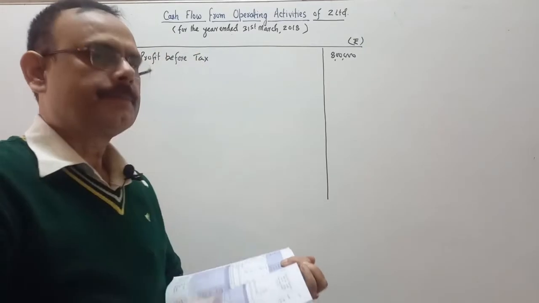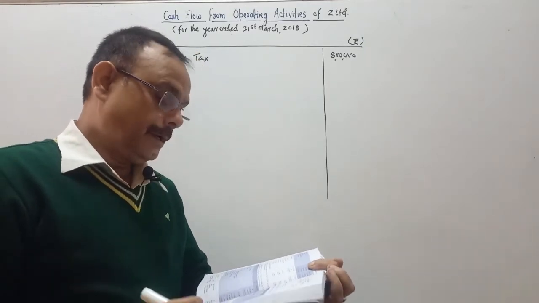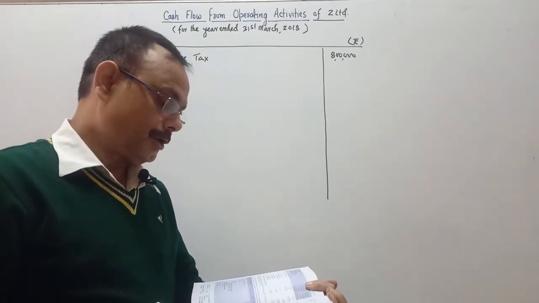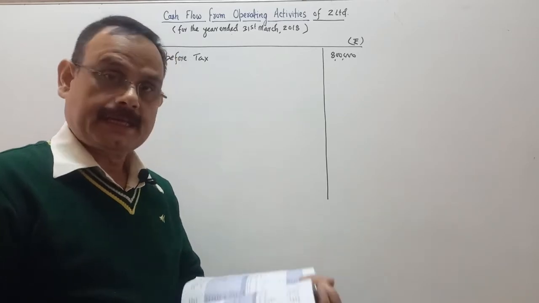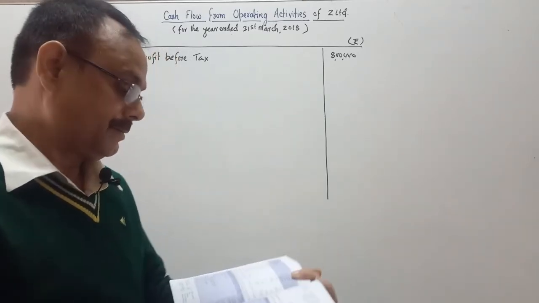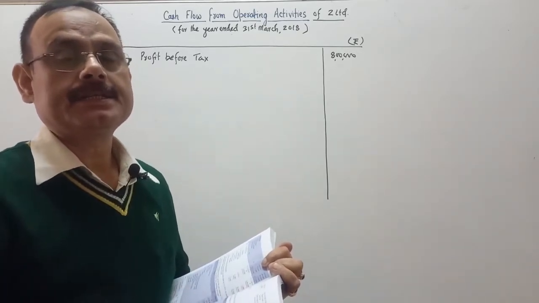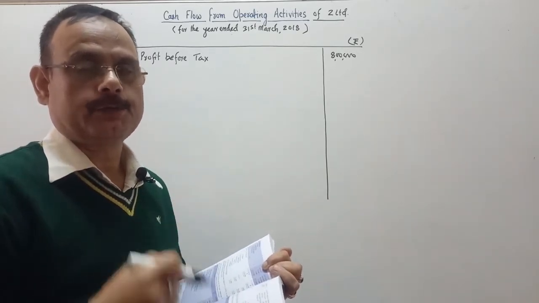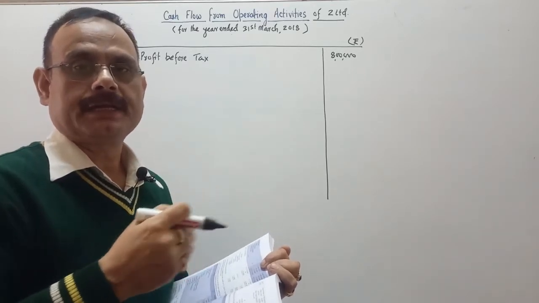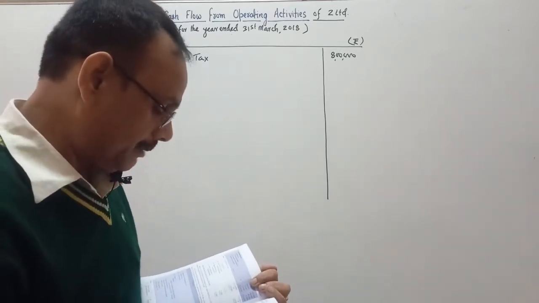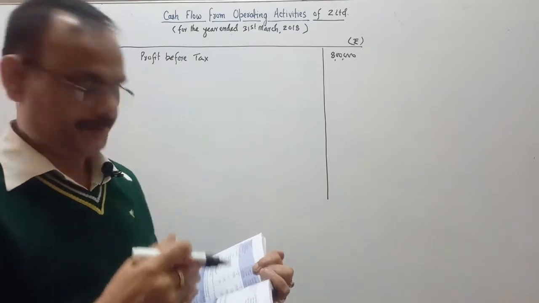Now you see the statement of profit and loss, under the head expenses, what are the items? Change in inventory will be reflected in the change of working capital. When we are calculating the increase or decrease in current assets, at that time we will see the change in inventories.